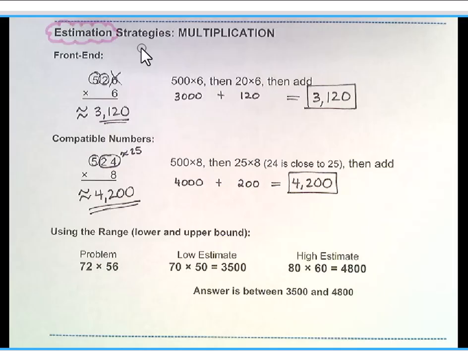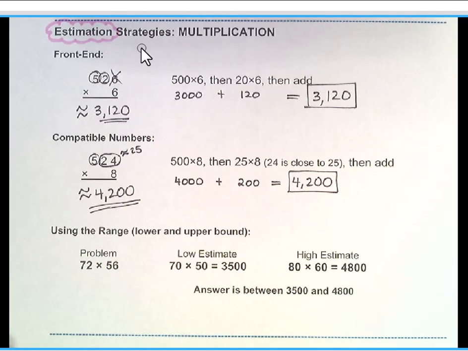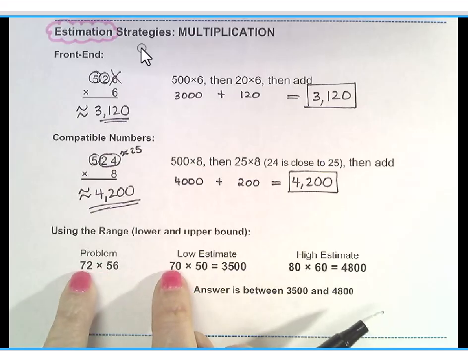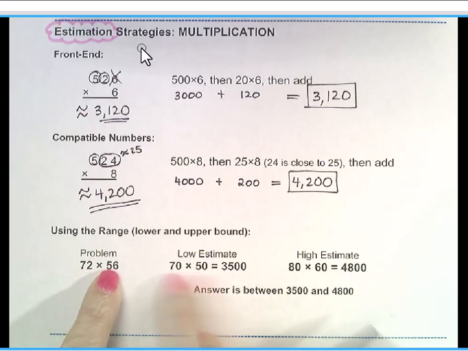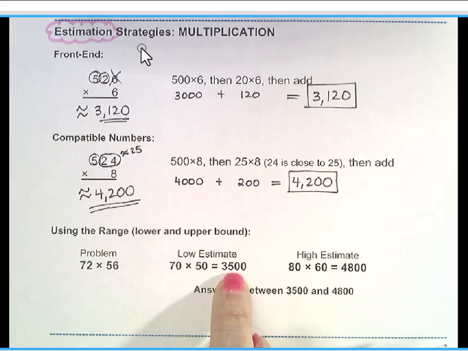And then the other thing you can do is use the range. This is where you round both numbers down to get a low estimate, and round both numbers up to get a high estimate. So if I wanted to do 72 times 56, if I round them both down, 70 and 50, I get 3,500, that would be my low estimate.